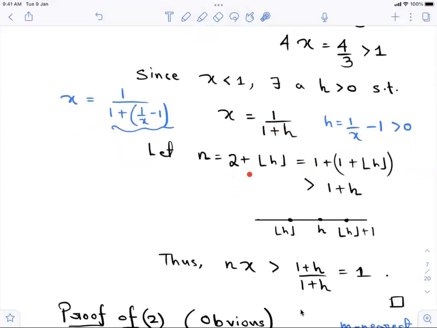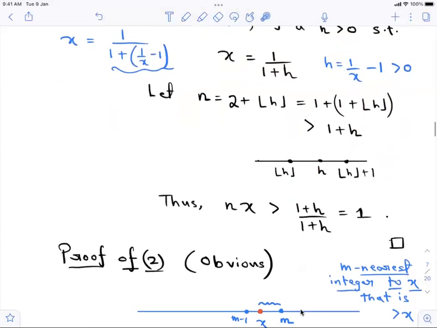I'm making a particular choice to make things precise: 2 plus floor of h. This is an integer which is strictly bigger than 1 plus h. Why is that? Because 2 plus floor of h is 1 plus 1 plus floor of h, and 1 plus floor of h is strictly bigger than h. So h is always strictly less than 1 plus floor h.